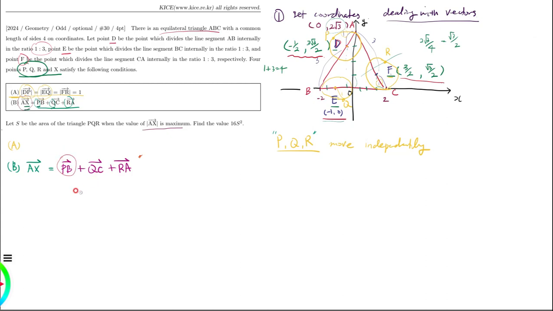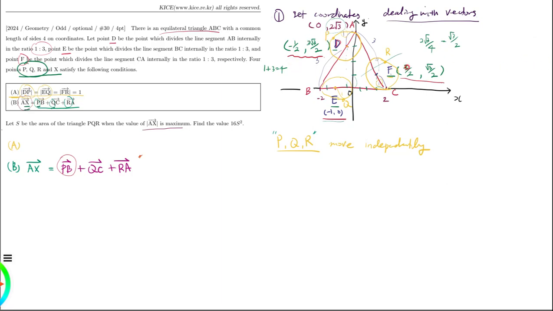So in the case of vector PB, is it PB? PD. I'm sorry. Just ignore. PB is right.